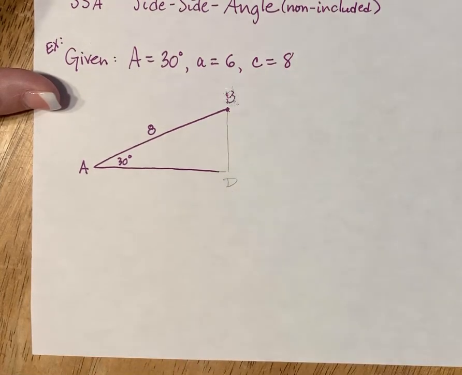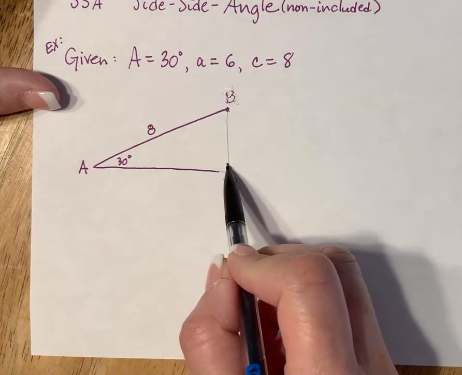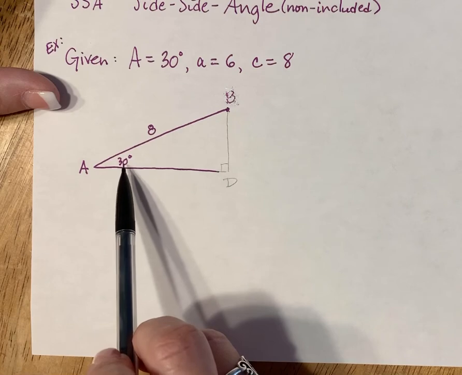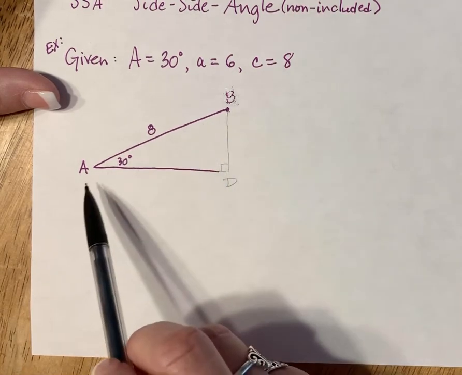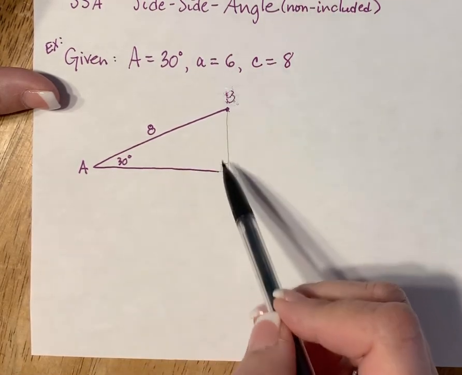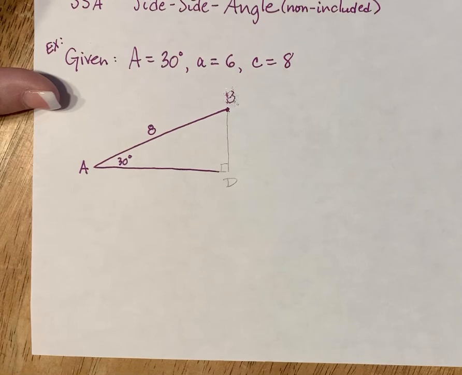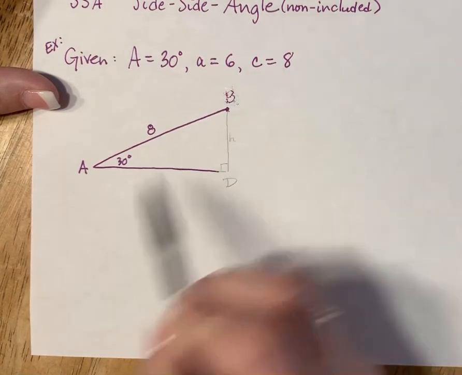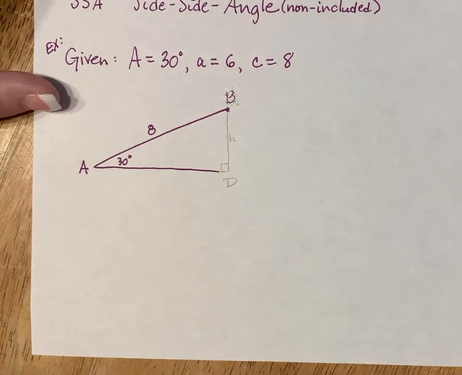This is not going to be our actual triangle we're trying to find, but let's just make a right triangle. We'll put a right angle here. Since this is 30 degrees and the hypotenuse is 8, we can calculate how long this side would be, all right? This would be actually the height of the actual triangle ABC that we're trying to find.